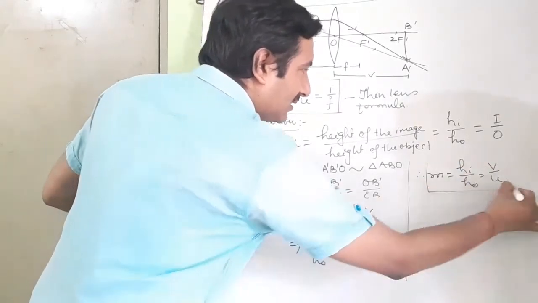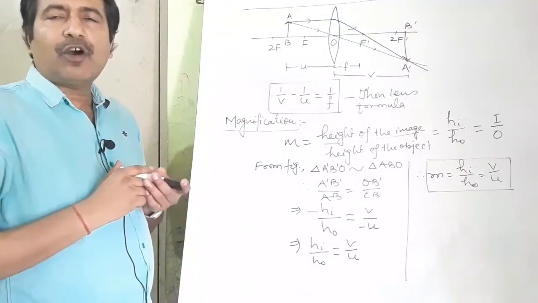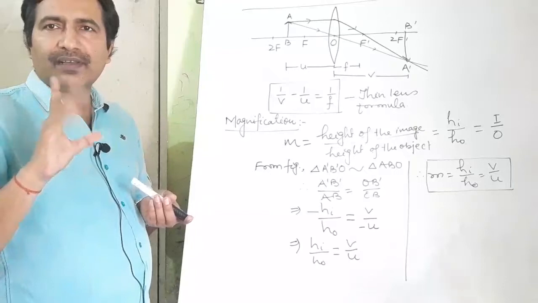So magnification is ratio of image distance to the object distance in case of lens.